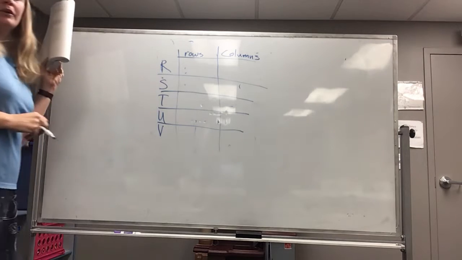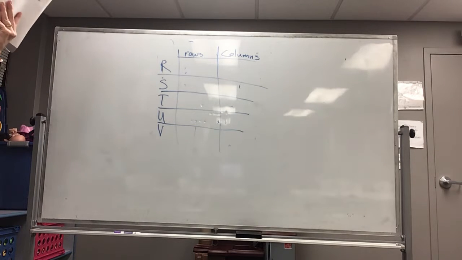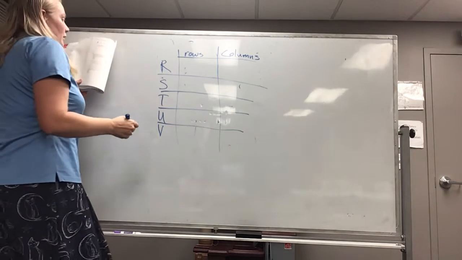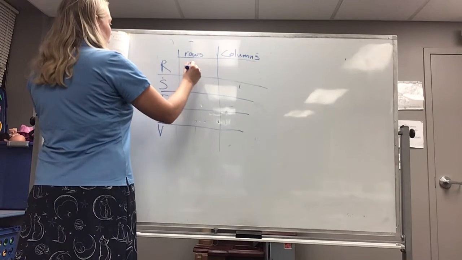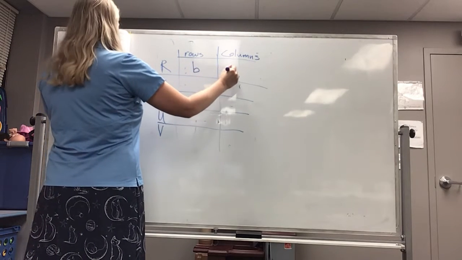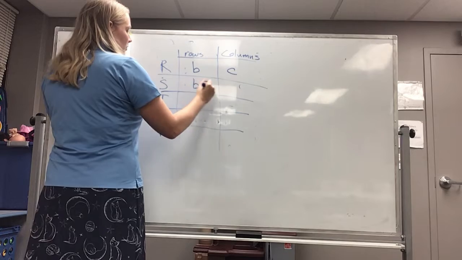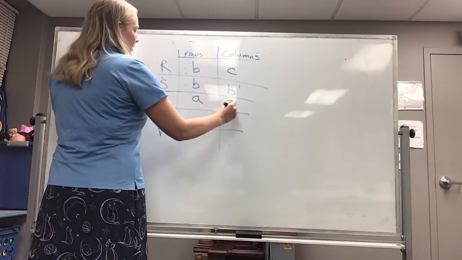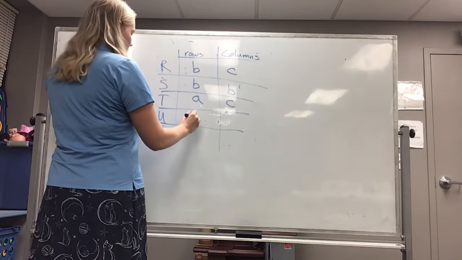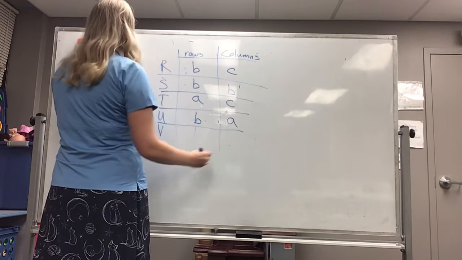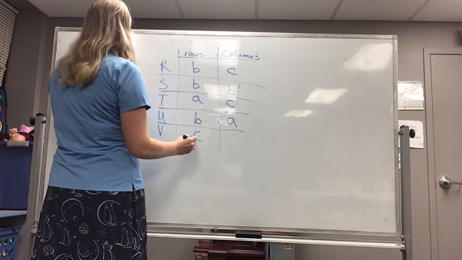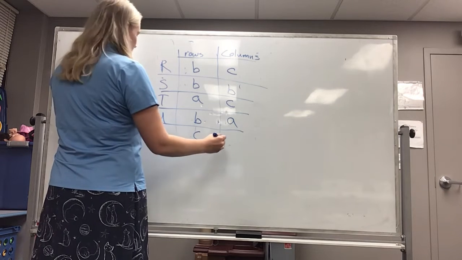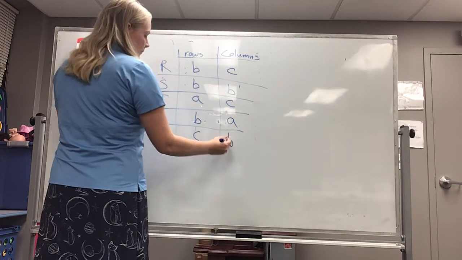And they're going purely theoretical on this one. They don't give us any true numbers. They just give it to us as variables. Rows is B, columns is C. This is B by B, which means it's square. We have A by C. We have B by A. And we have C by B.